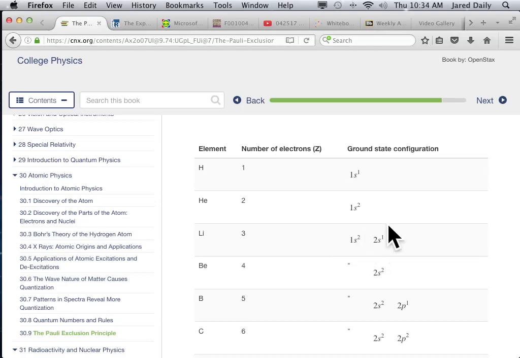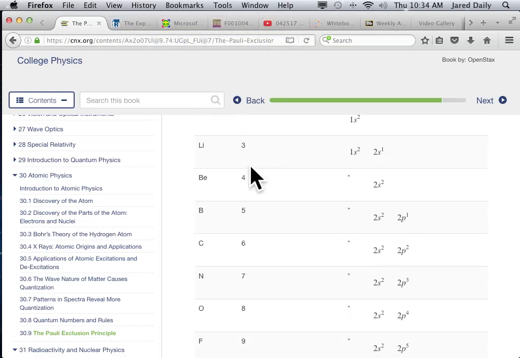This is the inner shell. This is the valence shell out here. So these inner shells, they're there, but they're not the valence shell. So the thing you want to look at is the valence shell, and that's what they're showing us. So 1D does not exist.